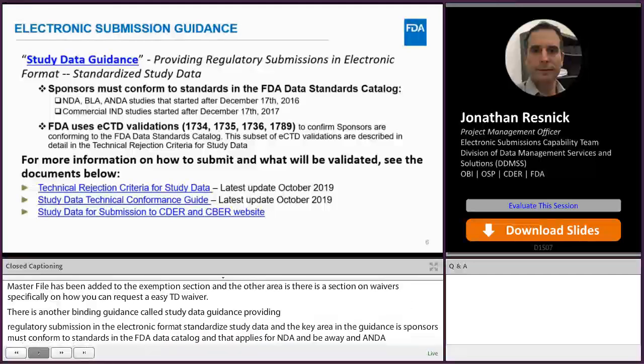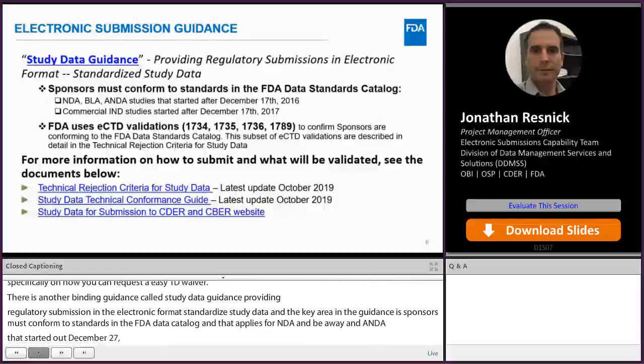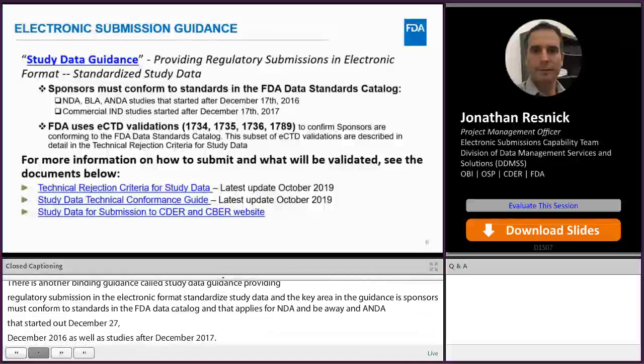Now, this requirement has been out there for some time now, but what FDA is getting ready to do is leverage eCTD validations to automatically confirm if the sponsors are conforming to the FDA Data Standards Catalog.